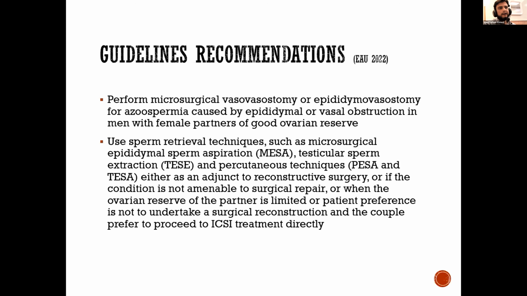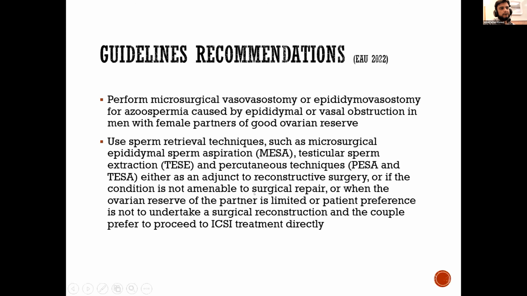So there are a few guideline recommendations which are given in the EAU 2022, and which says that if you are doing a microsurgical vasovasostomy or epididymovasostomy, it is advised to do it in a couple where the female partner has a good ovarian reserve. Otherwise it is useless to go for this extensive procedure.